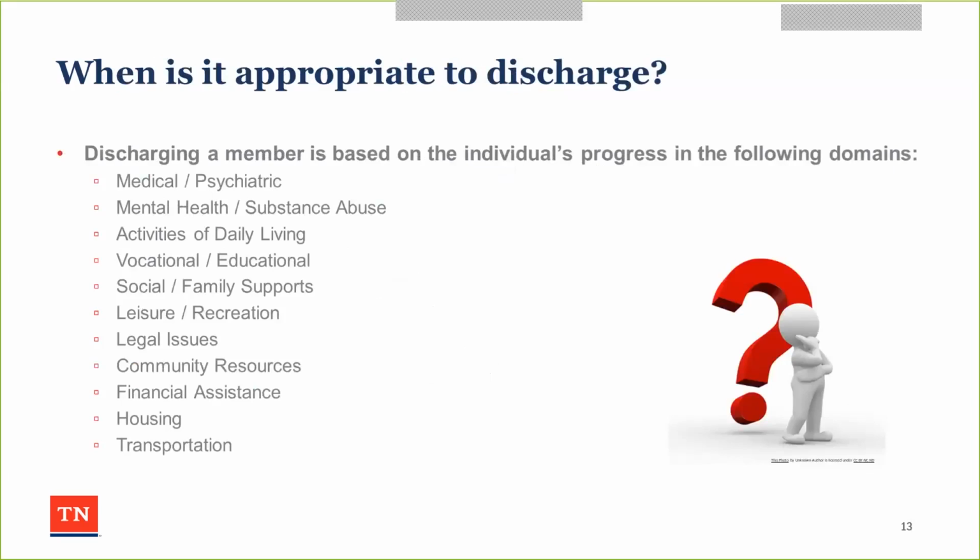Things such as medical and psychiatric, mental health, substance abuse, ADLs, vocational, educational, social and family supports, leisure and recreation, legal issues, community resources, financial assistance, housing, transportation. All of those have been identified as domains that Tennessee Health Link can assist in addressing whenever there is a functional impairment due to the behavioral health diagnosis.